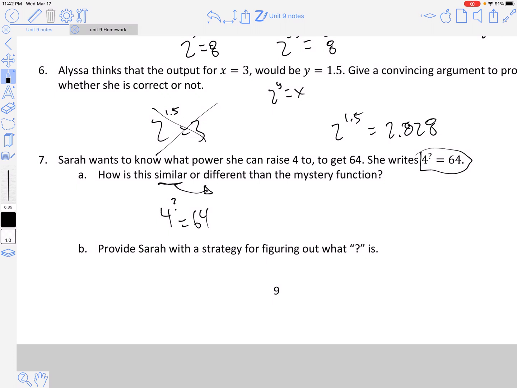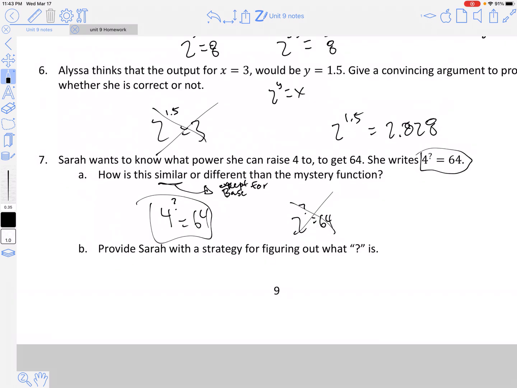We're still dealing with the same concept, but the base is different. Similar except for the base. We're working with a base 2, but this specific question wants 4.